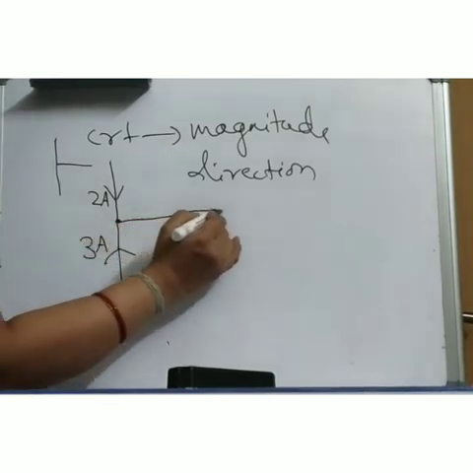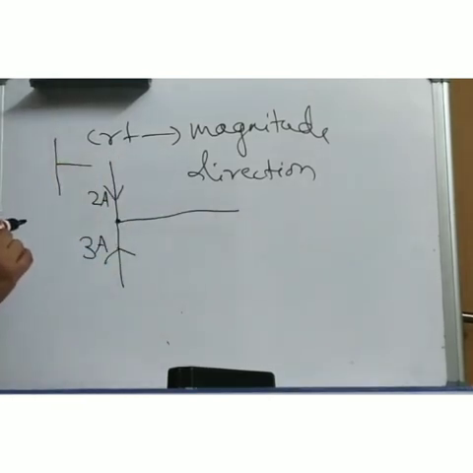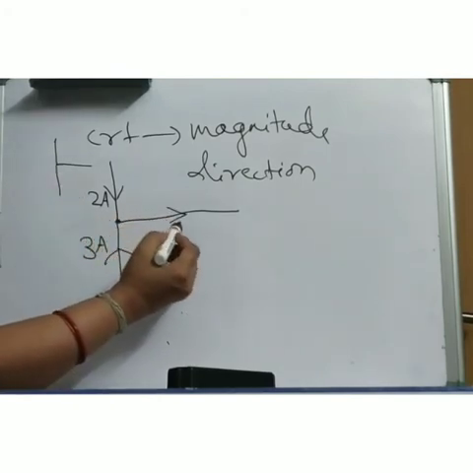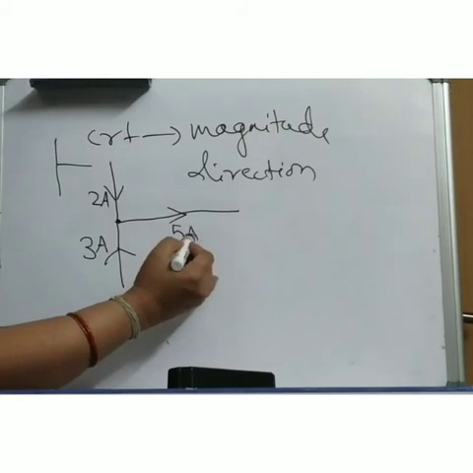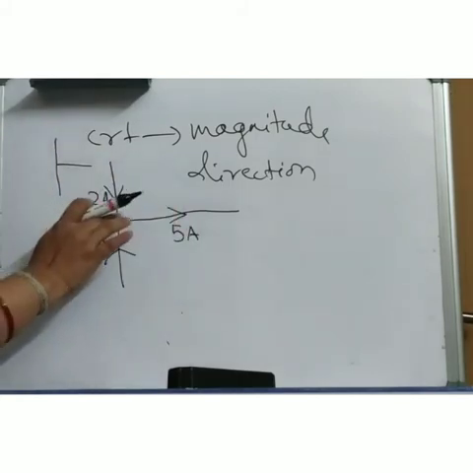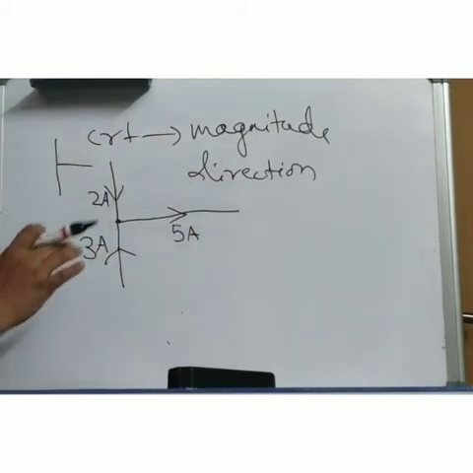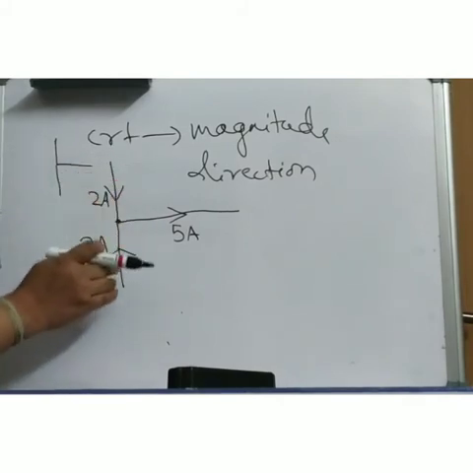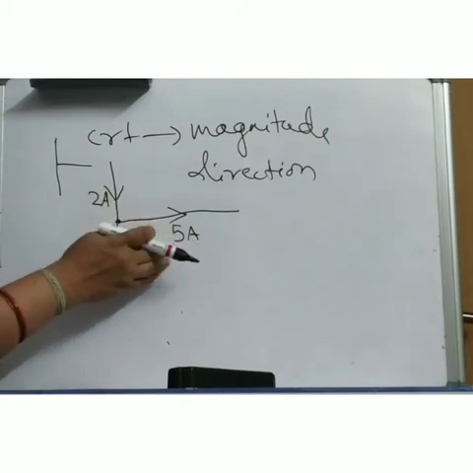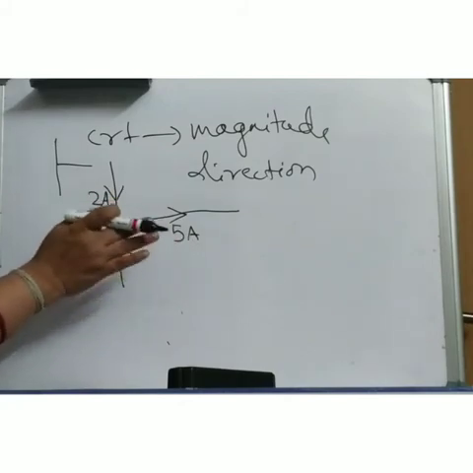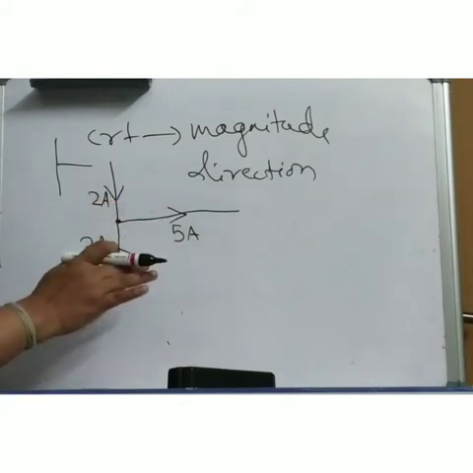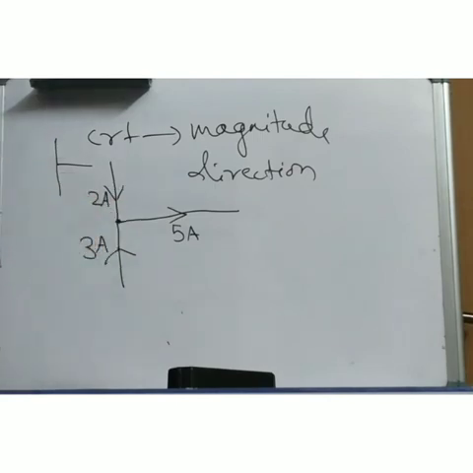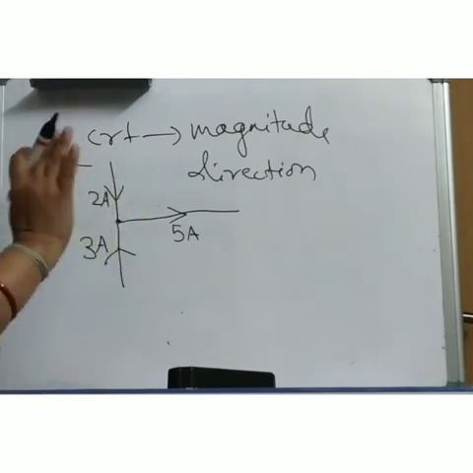And now another wire is connected to this junction, and 5 ampere of current will be flowing from this junction to this. So 2 plus 3, we are not doing a subtraction even though the directions are different. We are just adding up the currents. So that's why it is a scalar. We are not adding currents in a vector way.